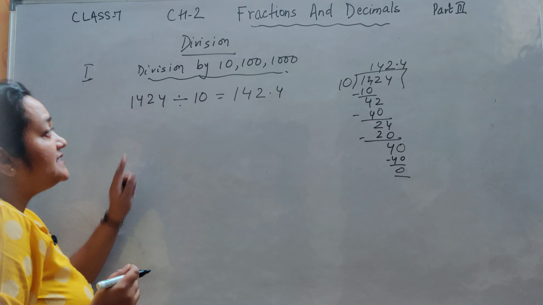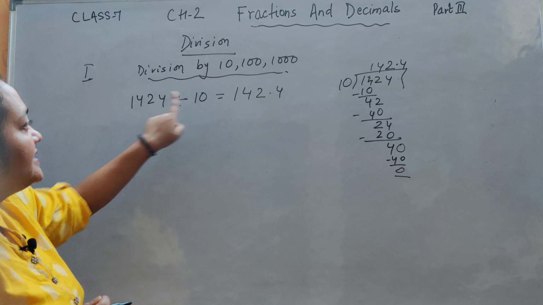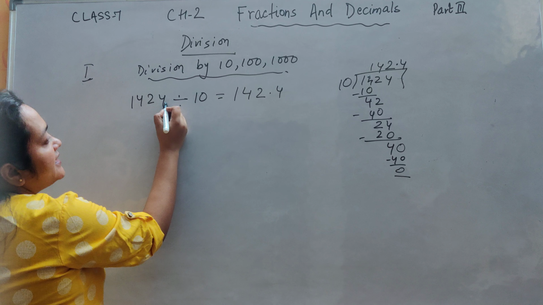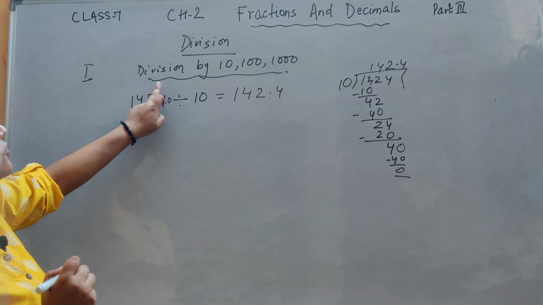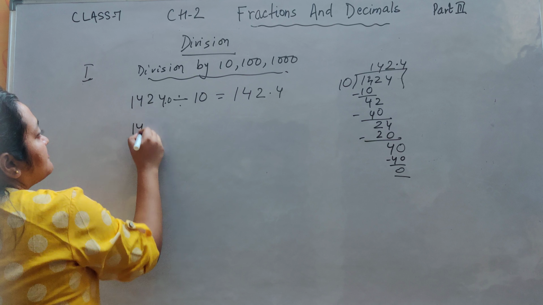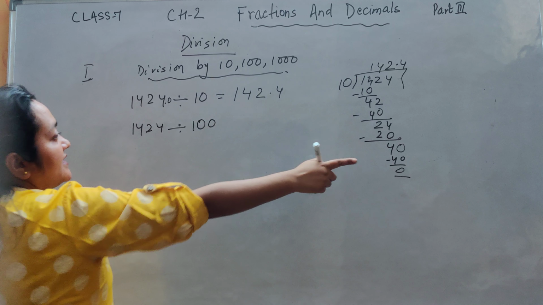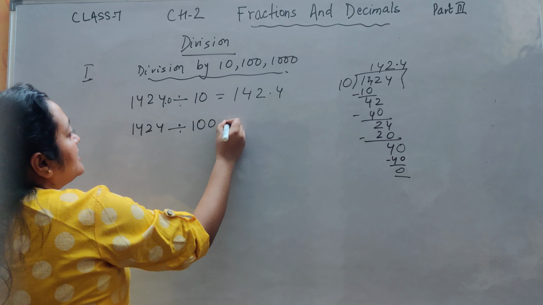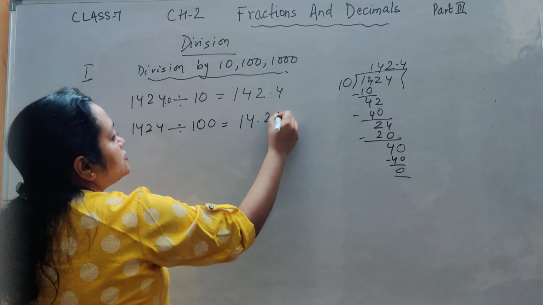142.4. That means if we are dividing this number with 10, the decimal moves one place towards the left. What if we divide this number by 100? In the same way, we can find out that in this case our answer would be 14.24.